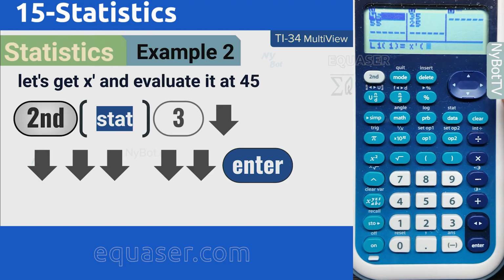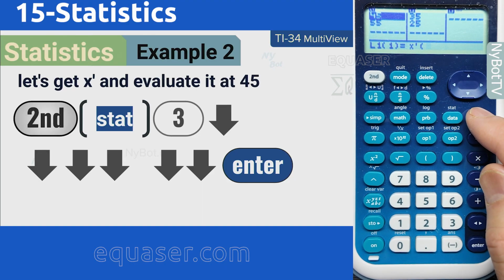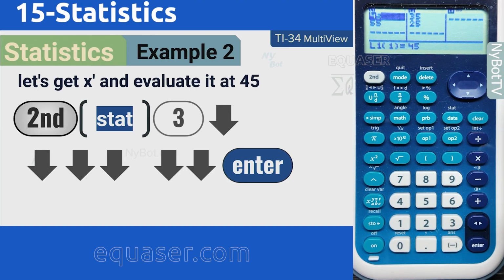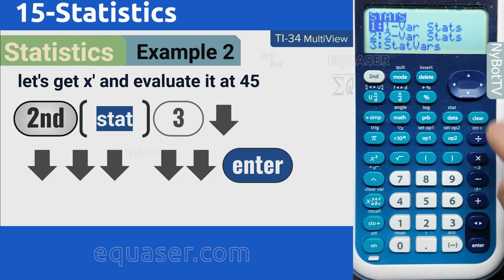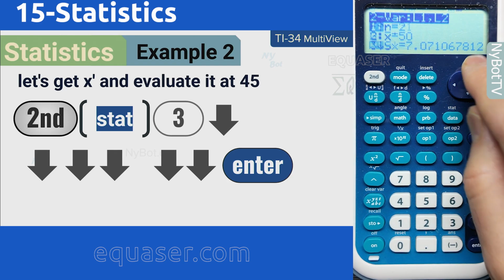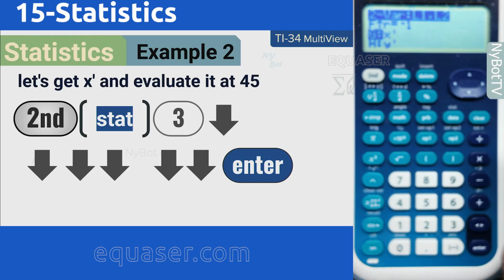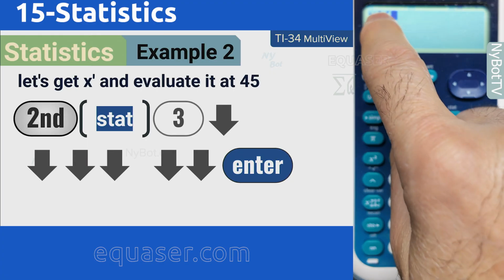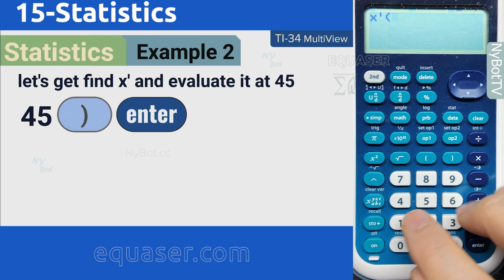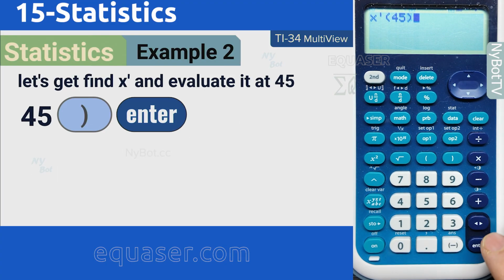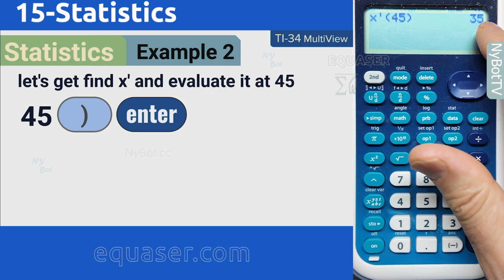We can evaluate it here, but this is the wrong way to do it. We have to exit from this screen, press second function stat, 3, go up, get x prime, enter. Now you see it on the clear screen. Then 45, close the bracket, and it has been evaluated, so we got the value.